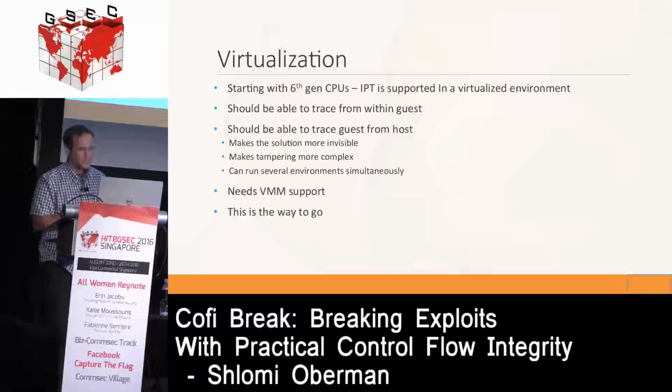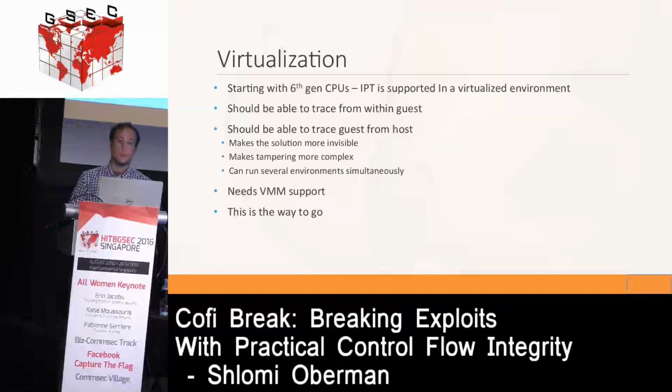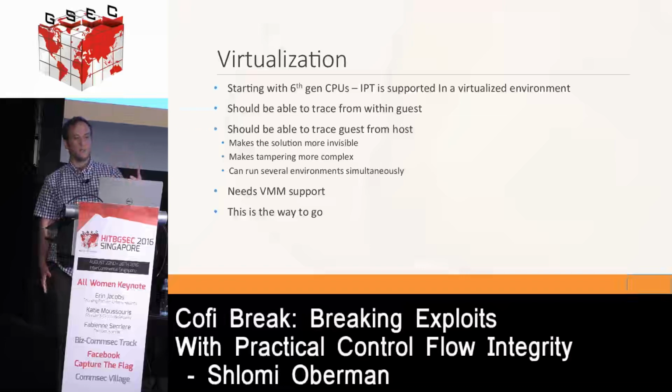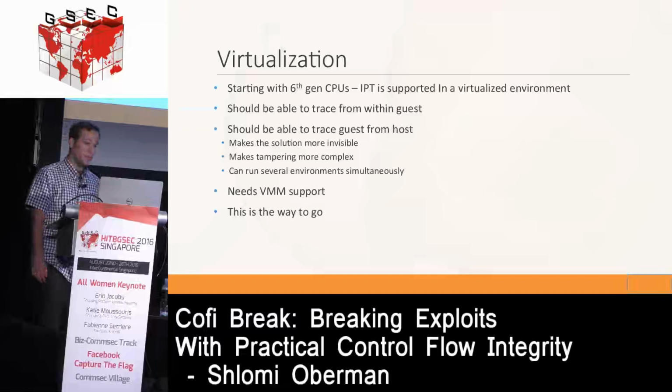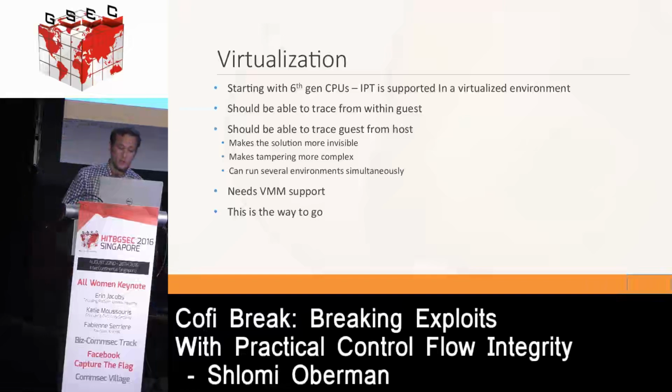Virtualization. Okay, that's good. So when I worked on this project, 5th gen CPUs did not support virtualized environments. 6th gen CPUs support virtualized environments. According to the spec, you should be able to perform a trace from the guest, from the host, or within the guest. It makes the solution more invisible, less intrusive, right? You can trace a virtualized environment from a VMM, from a host machine.